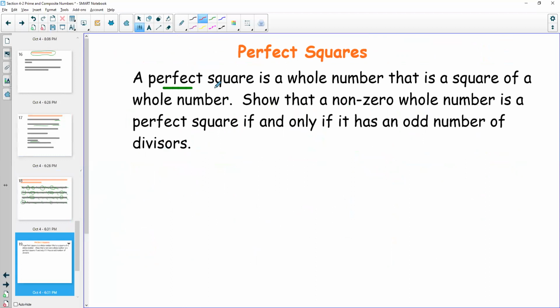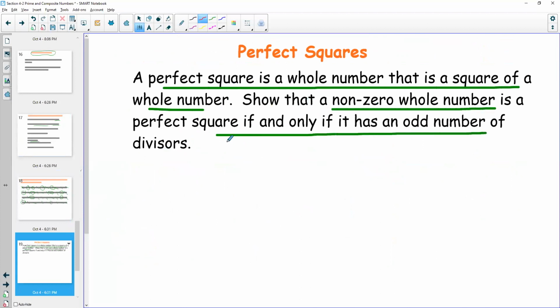As a part of all of this, a perfect square is a whole number that is the square of a whole number, right? A non-zero whole number is a perfect square if and only if it has an odd number of divisors. Well, think about what that means. Think about 16. What are the things that divide into 16?